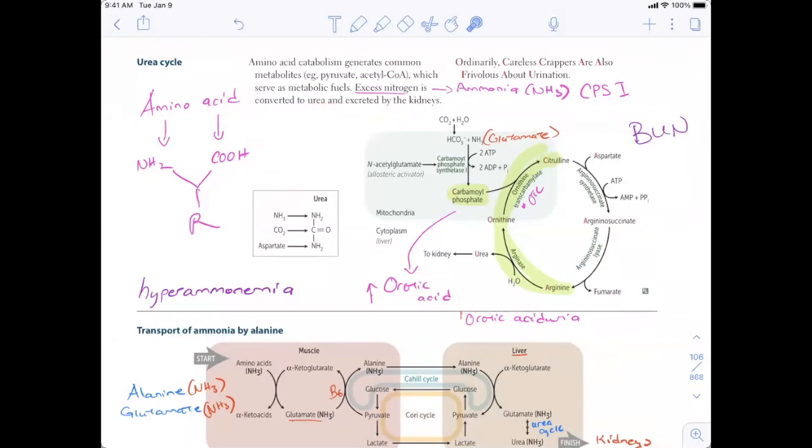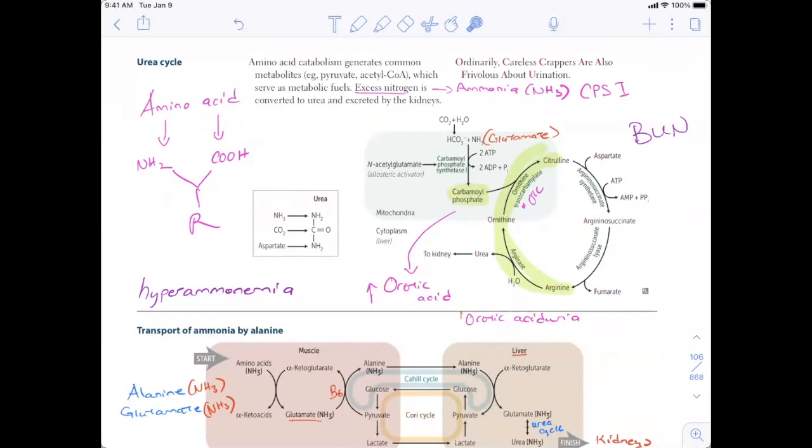Urea is just a way of taking all the nitrogen we're getting from protein waste and removing it from the body, okay? And that's why if you actually look at the structure of urea, what you keep seeing in urea is nitrogen, okay? But really and truly, how is this nitrogen coming together, right? This nitrogen is coming together as ammonia, right?